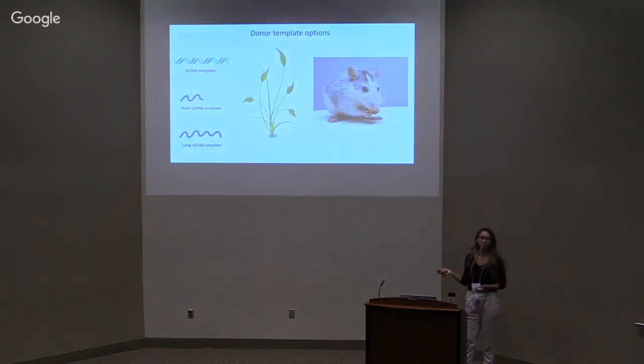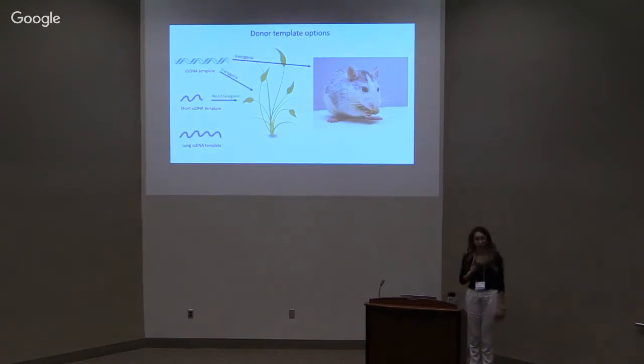So you have a couple of different options when you want to provide a donor template to your repair enzymes to get incorporated into the genome. The ones that have been studied are right here: a double-stranded DNA template, a short single-stranded DNA template, and a long single-stranded DNA template. The double-stranded DNA template has been found to be transgenic in both plants and animals.